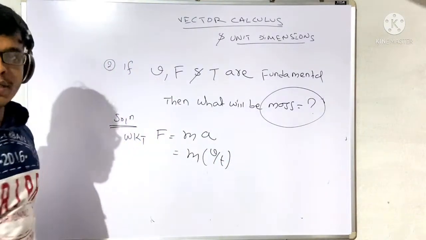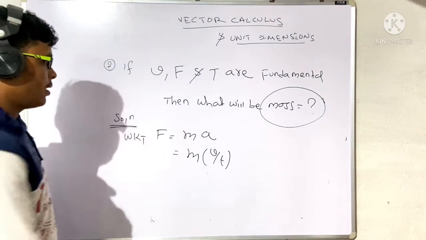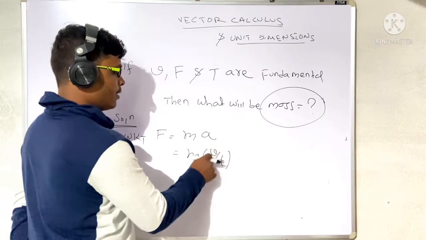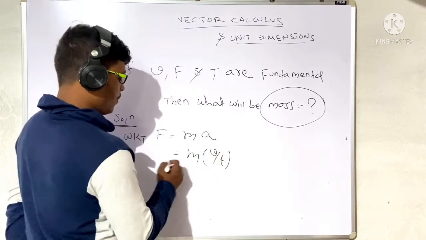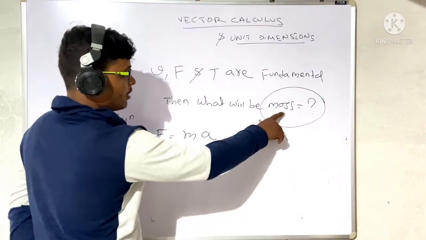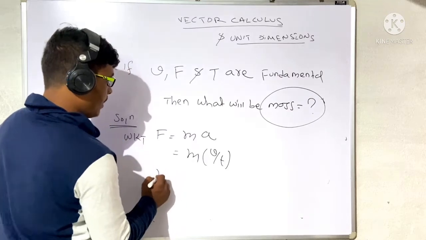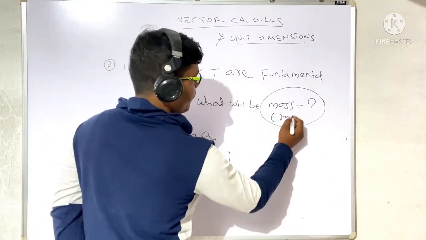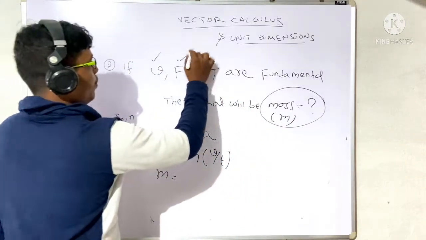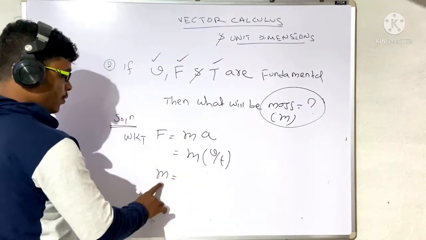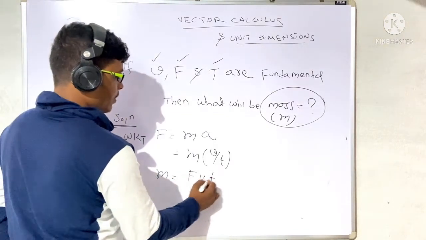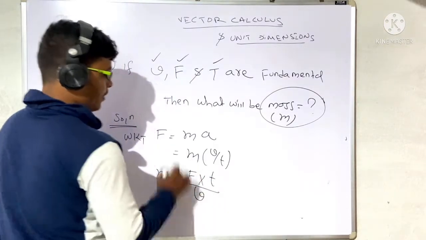I have discussed in the unit dimension class that force equals mass into acceleration, and the acceleration is velocity by time. So what is my mass? We need the mass. So mass is m. This is velocity, force and time. So your mass is force into time divided by velocity.